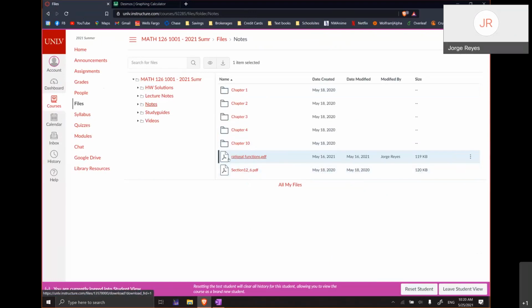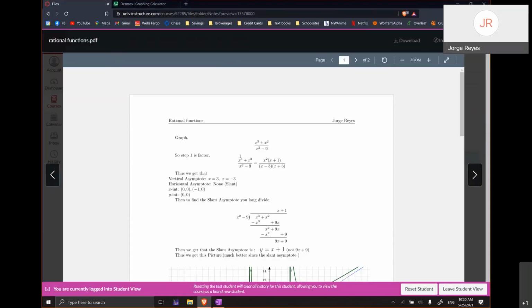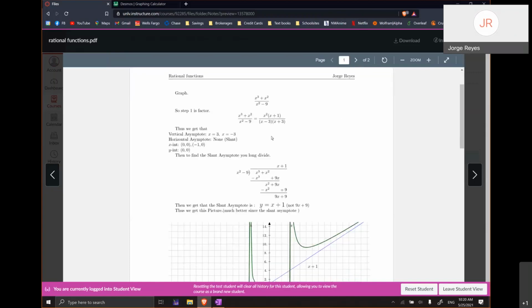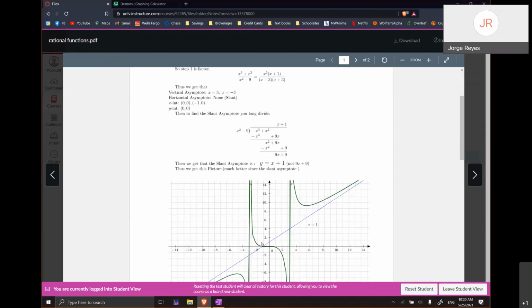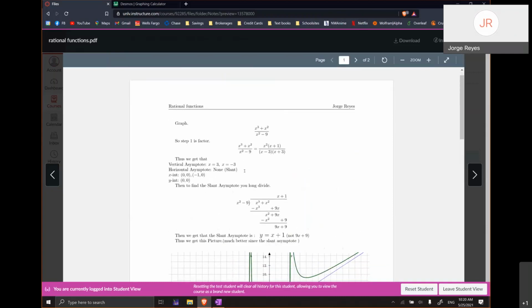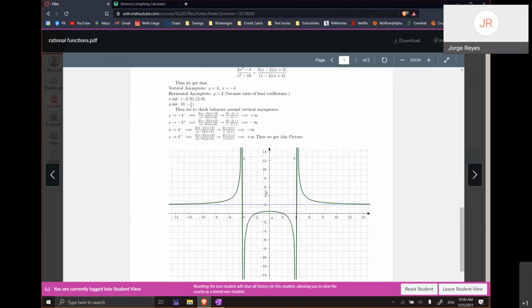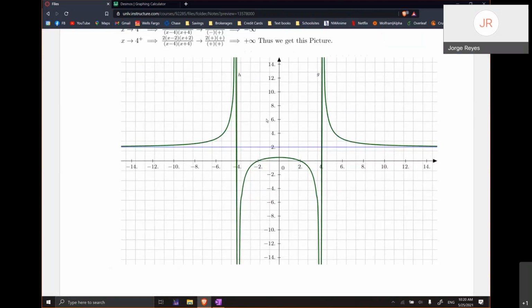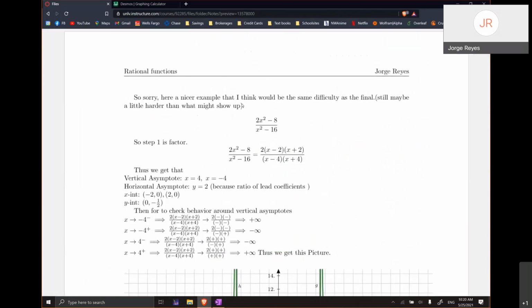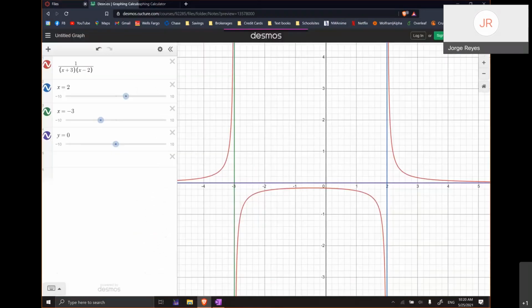But if you go here, you can see I have this thing called rational functions, which is specifically for this class. I made this little thing on how to graph rational functions. If you want to look at more examples and where I talk about it, feel free to do it here. I have two pretty good examples with a nice graph. All right. But let's get back to the notes.